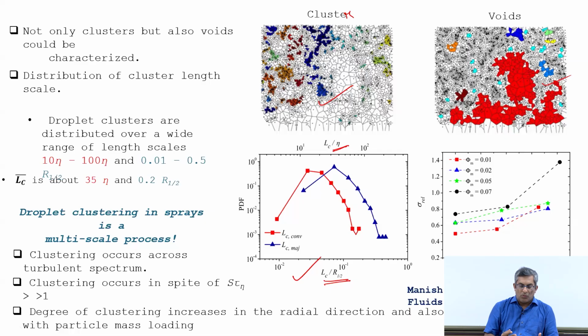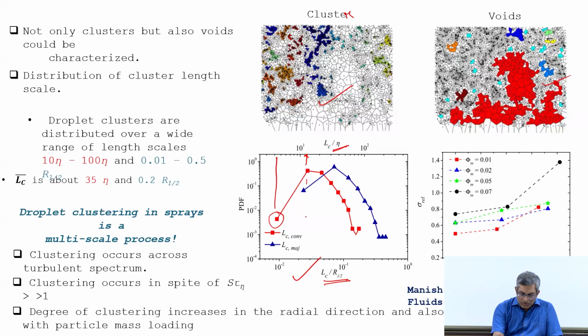Now what do you see? You see that you have clusters present across the turbulence spectrum. You have clusters that scale with the Kolmogorov scale. For example, here you see this cluster size is about 5 times the Kolmogorov scale, and the peak cluster size is about 10 times the Kolmogorov scale.